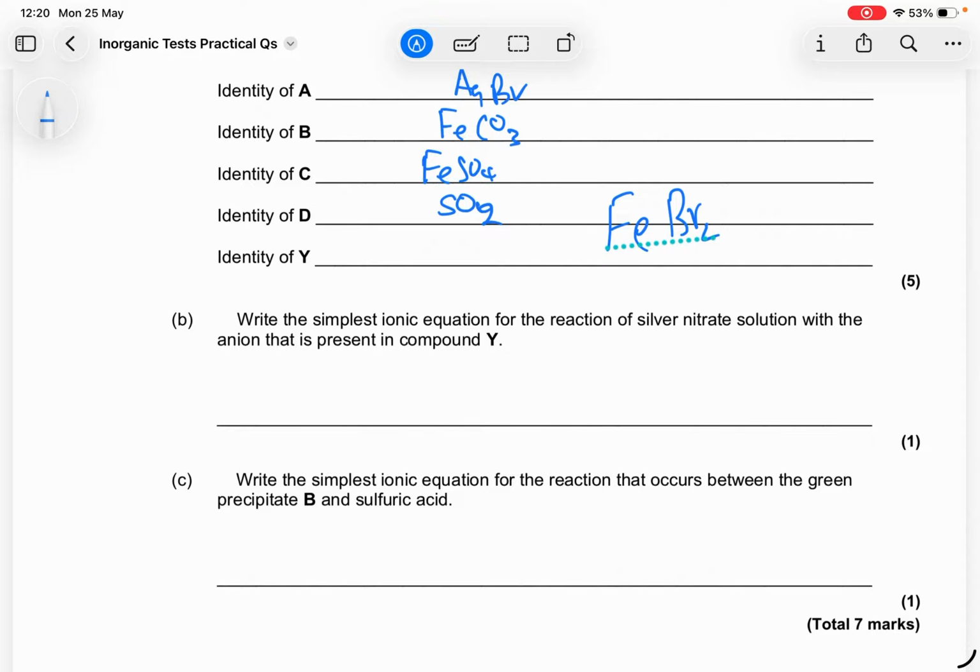The other one we've done is between the green precipitate and sulfuric acid. If we're doing the ionic equation, sulfuric acid reacts with carbonate and gives you water and carbon dioxide.